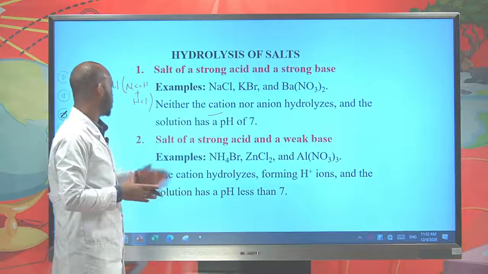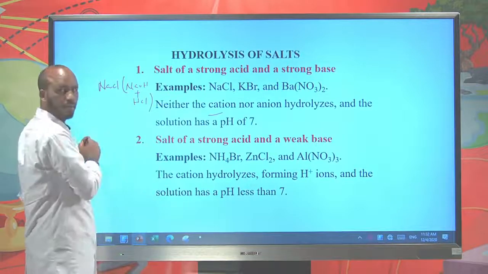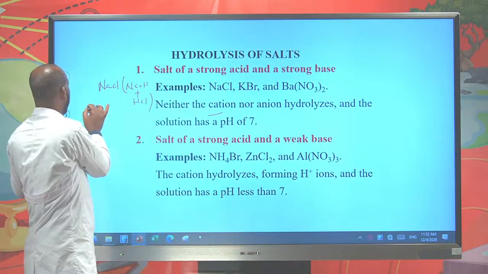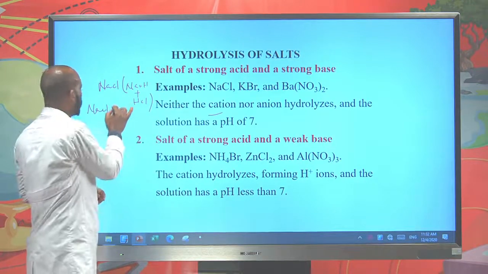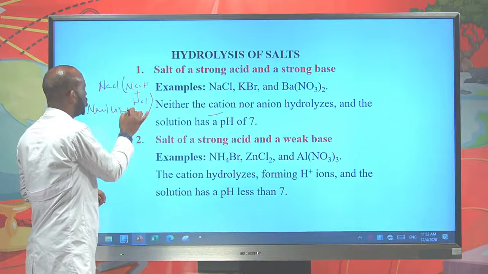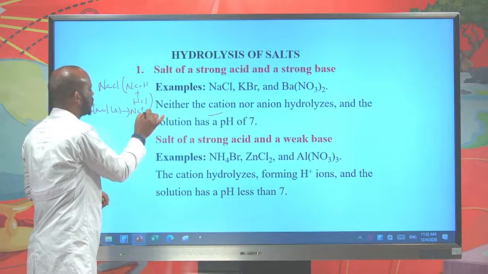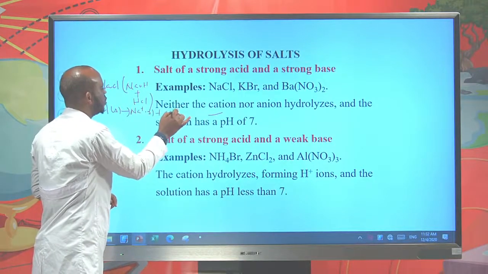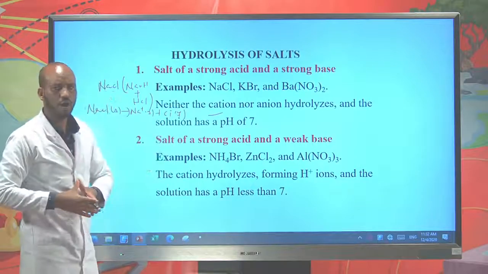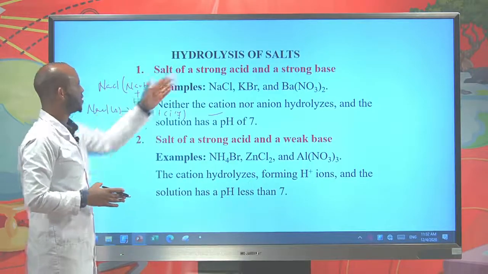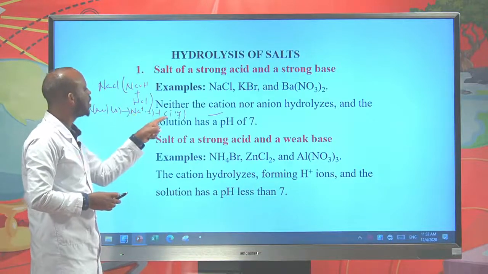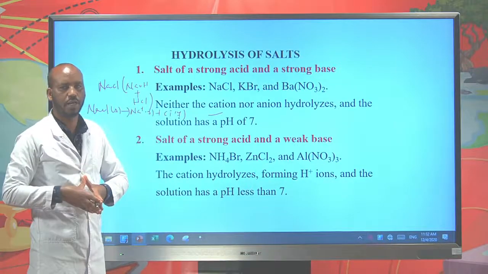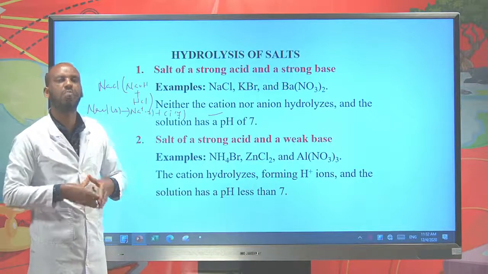Let us see. Sodium chloride is a strong electrolyte. It completely dissociates in water into Na plus aqueous and Cl minus aqueous. Hydrolysis of a salt is the reaction of ions of the salt with water to produce hydronium ion or OH minus.